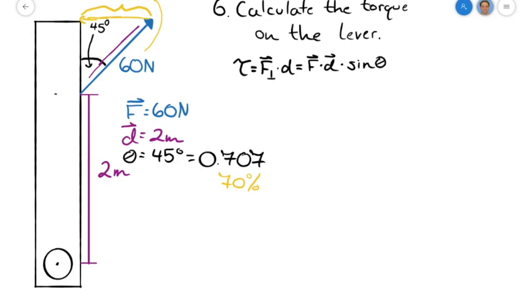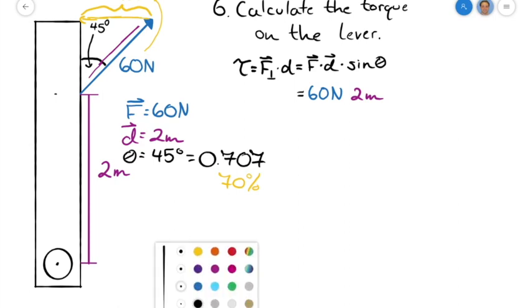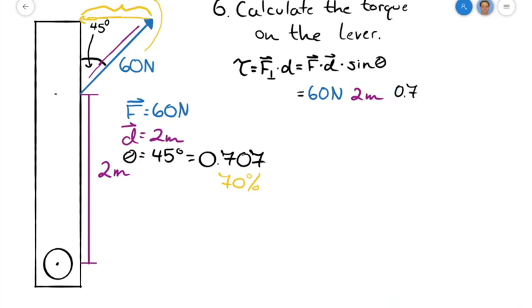Anyways, so now we're ready to plug and chug into our equation. So we have our force vector, which is 60 newtons, times the distance, which is 2 meters, times sine theta, which we said was 0.707. Always got to put those zeros in front of the decimal. If you have a very small number, sometimes it's very easy to forget.